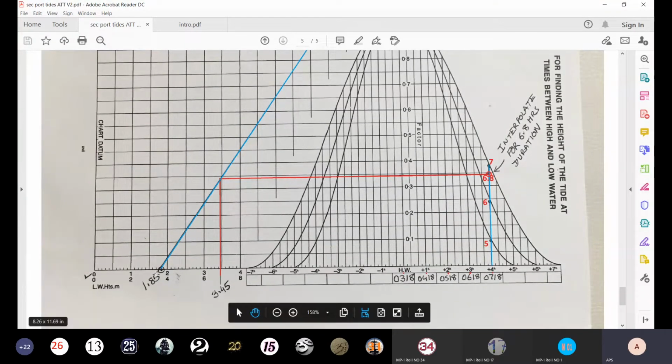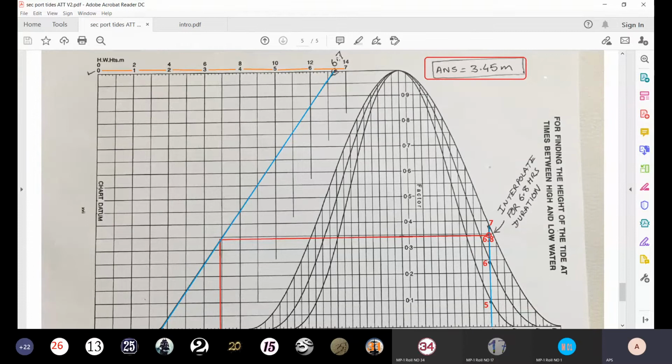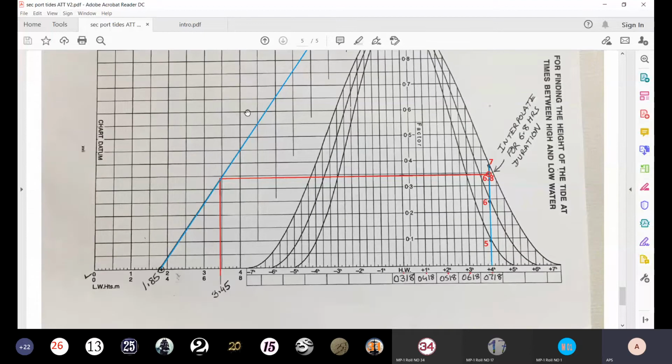So just start filling up this curve. First mark 1.85, the low water height at Sultanpur. Then you mark the high water height, 6.7. High water height always on the top horizontal line, and low water height on the lower horizontal line. Use whichever scale fits best for you.